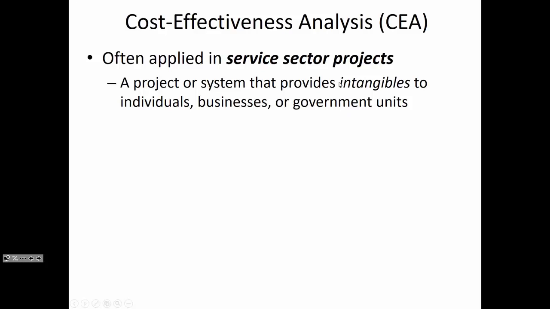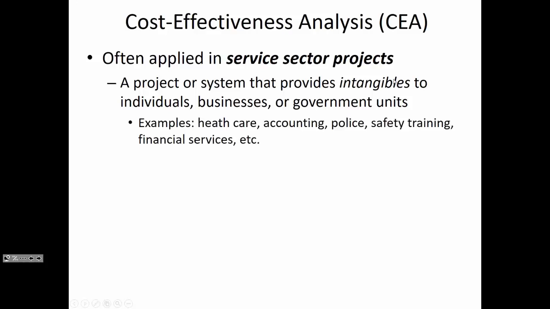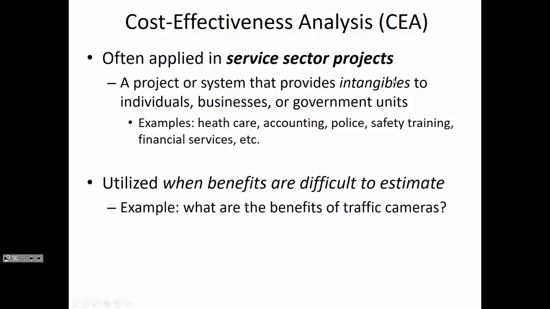What we're going to be talking about today are intangible, so services. Examples of intangible things that are provided by the public sector would be healthcare, accounting, police, financial services. Government does many of these things, and the benefits aren't physical. But there are benefits.